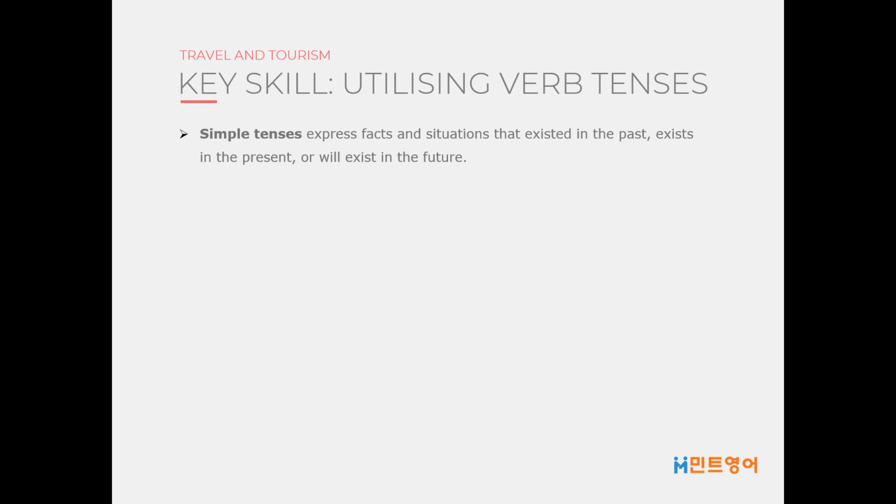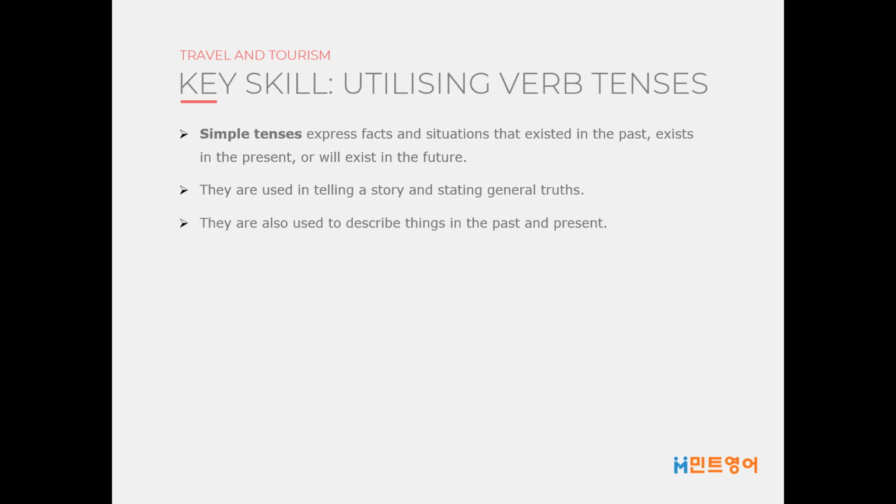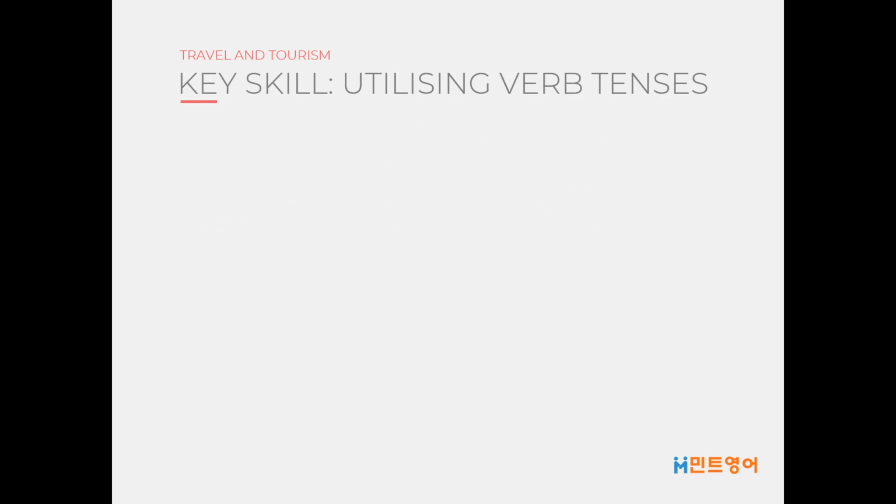Simple tenses express facts and situations that exist in the past, exist in the present, or will exist in the future. They're used in telling a story and stating general truths. They're also used in describing things in the past and present. Most general questions can be answered using simple tenses.